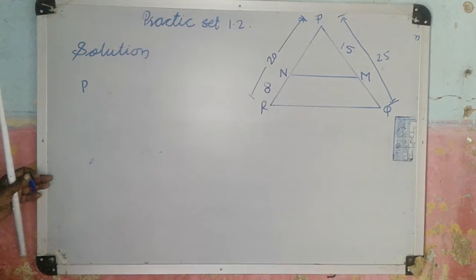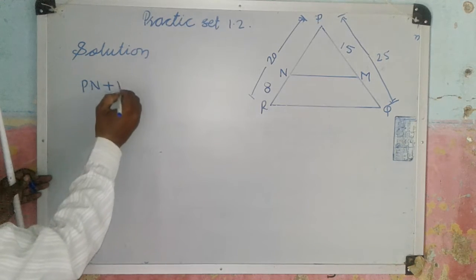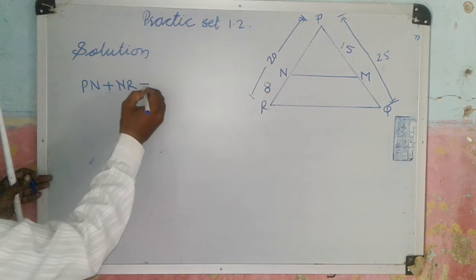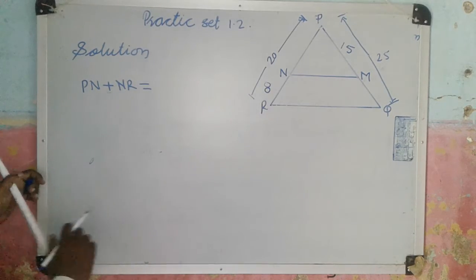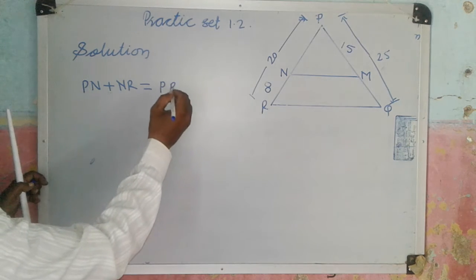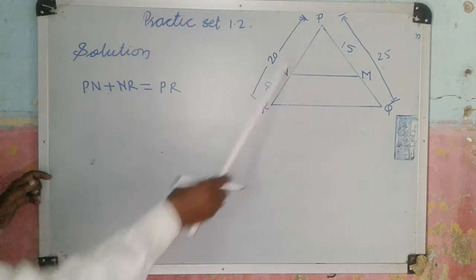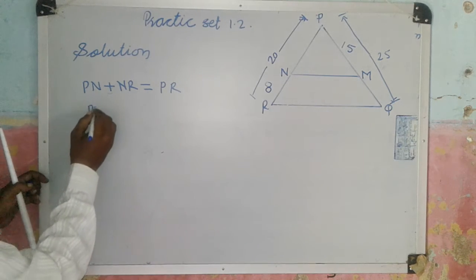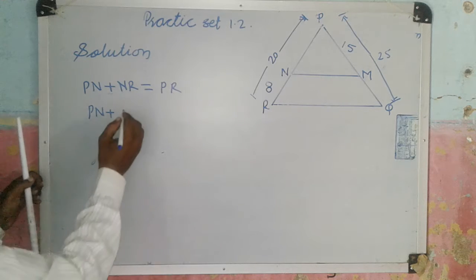See here, PN plus NR, this total length is equal to PR. Now see here, PN we have to find. NR is given 8.